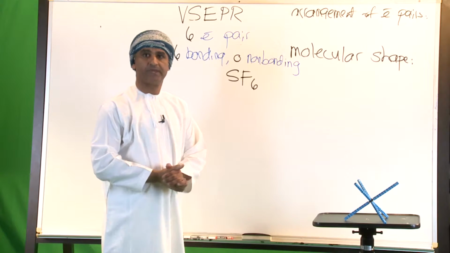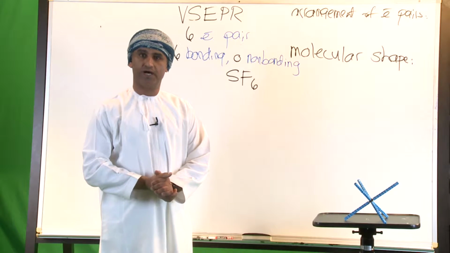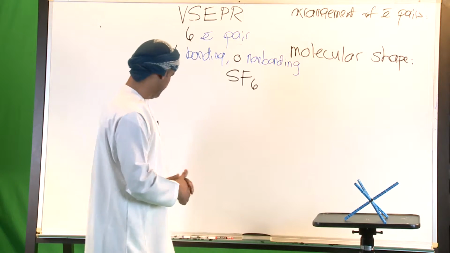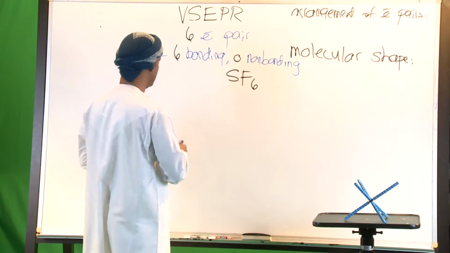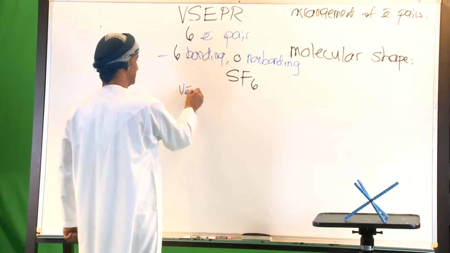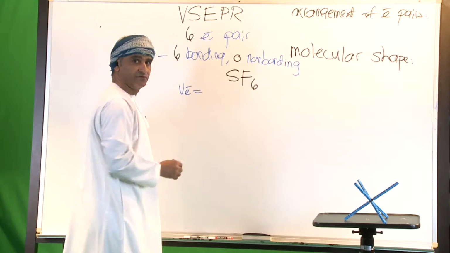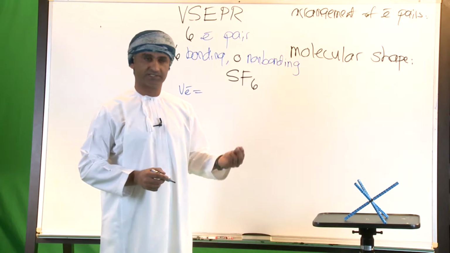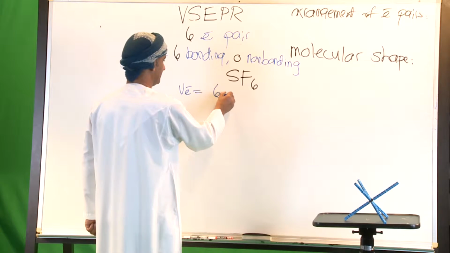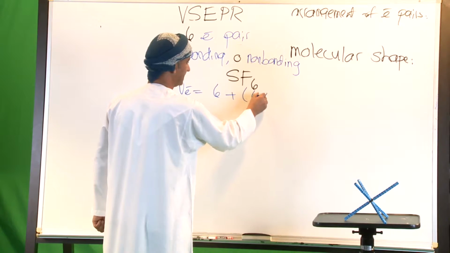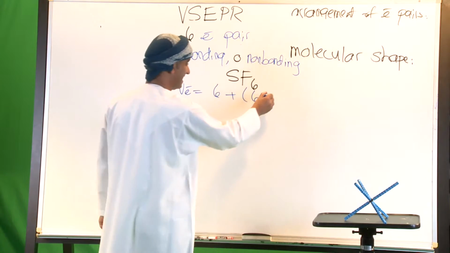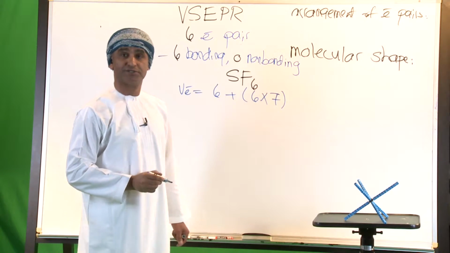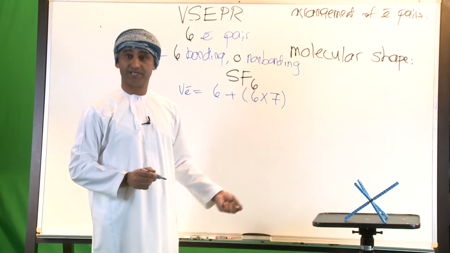So sulfur hexafluoride. We need to be able to draw a reasonable Lewis structure, and for that we first need to add the valence electrons in SF6. Sulfur is located in group 6A, just under oxygen, so there are 6 valence electrons from sulfur. There are 6 fluorine atoms, and each contributes 7 because fluorine is in the halogens group, group 7A.